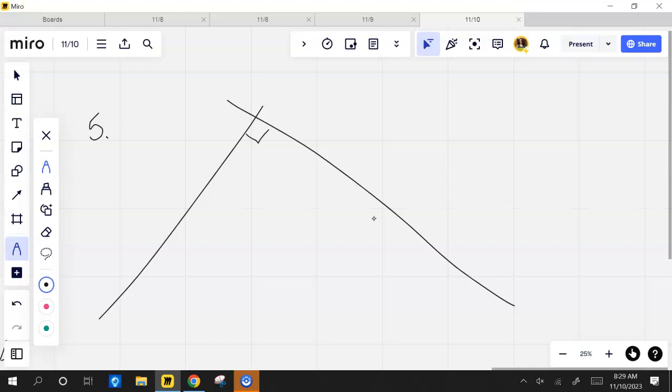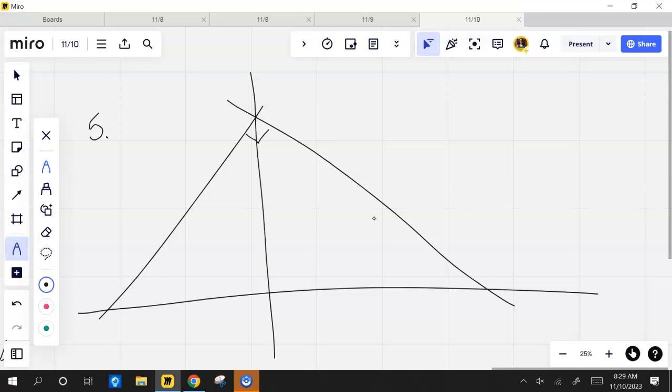Hi, Lainey and Jaden. Pretend like this is on scale. All right.